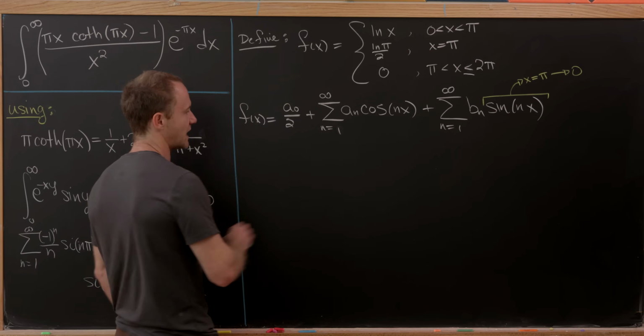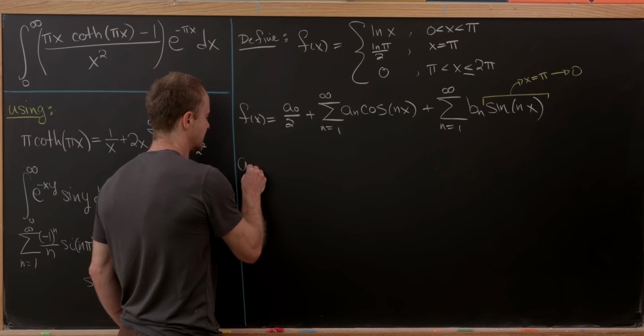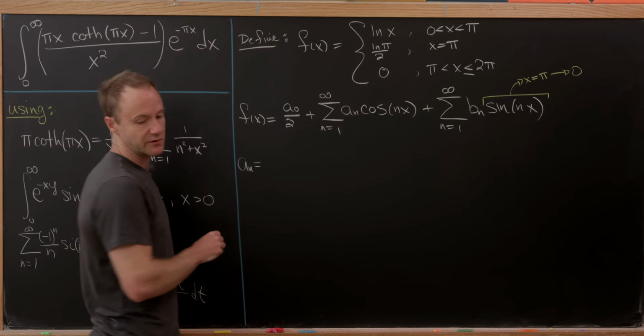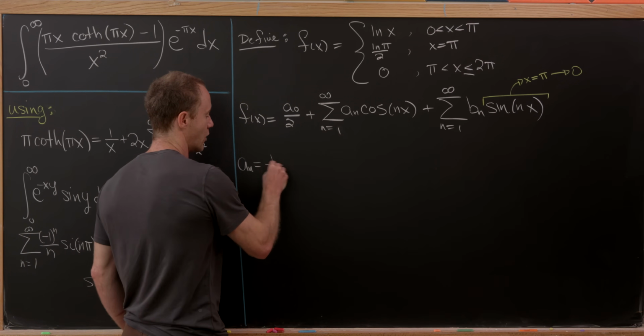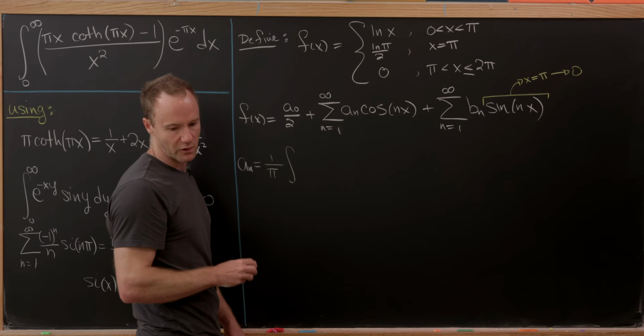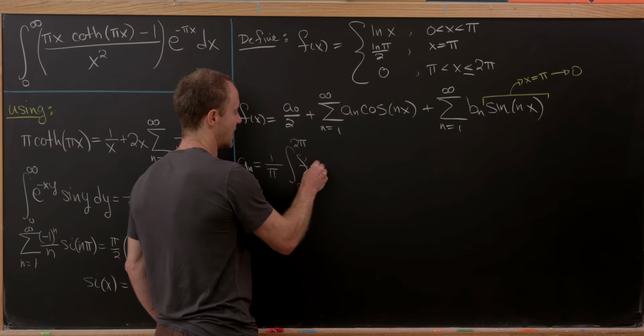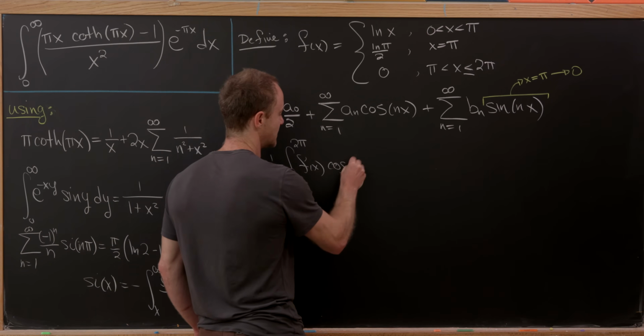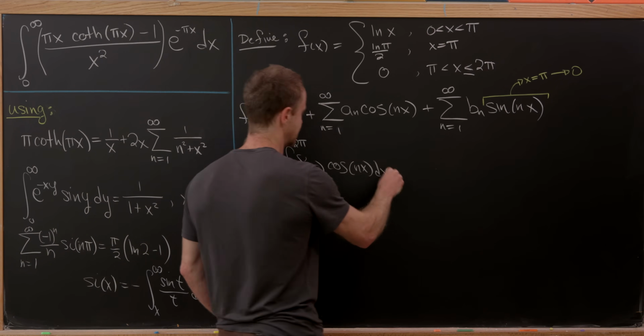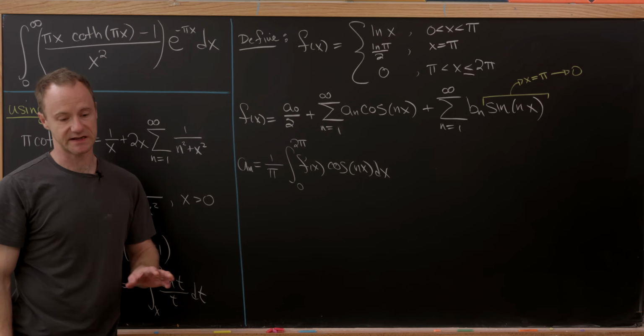Okay, so now let's recall how the a_n terms are defined. Those will be equal to 1 over pi times the integral from 0 up to 2 pi of f of x times cosine of nx dx. Nice.